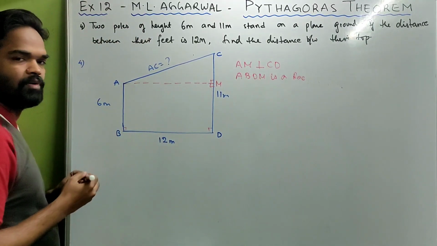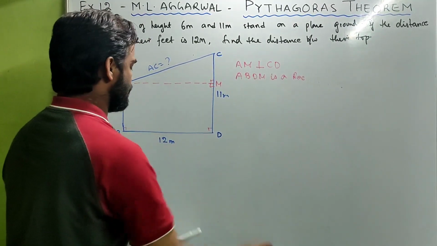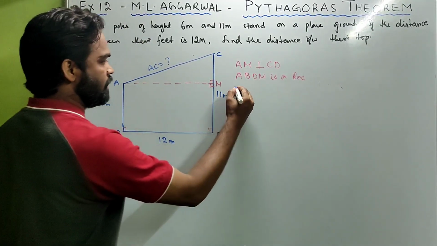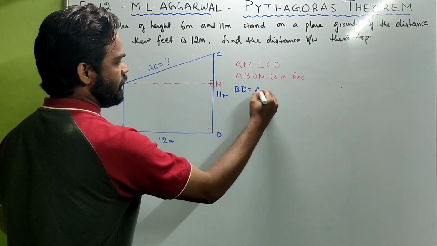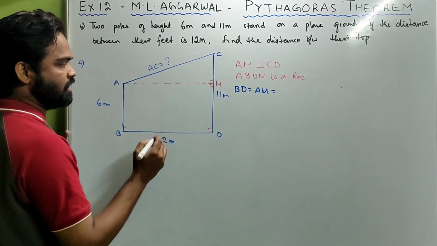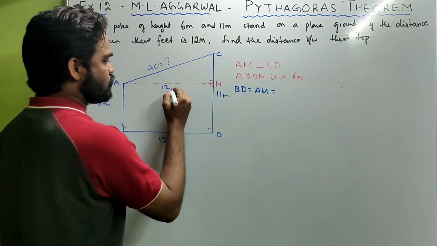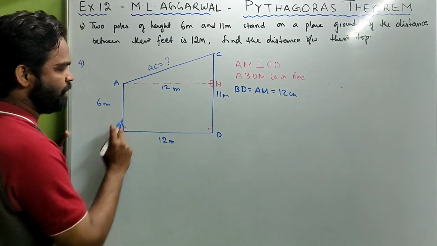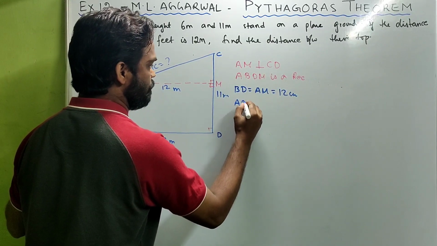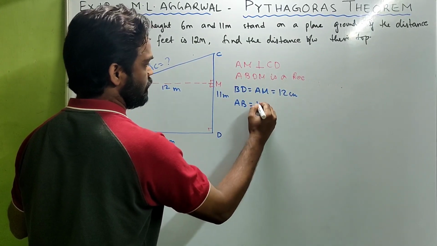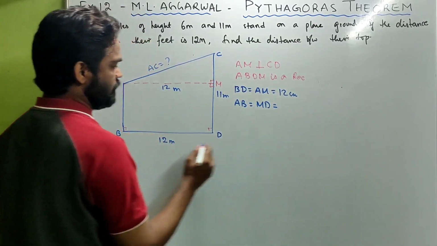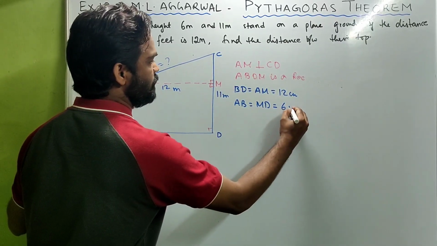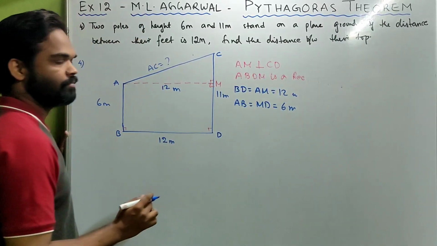It becomes a rectangle if you look carefully. If it's a rectangle, then BD and AM will be same. Opposite sides are equal. So if this is 12, this has to be 12 meter. Similarly, AB and MD will be same. That is 6 meter, isn't it?